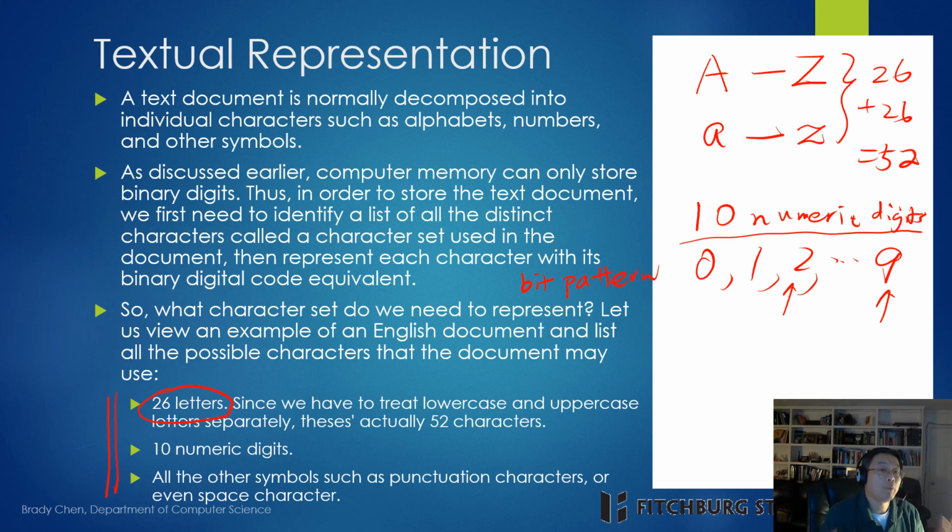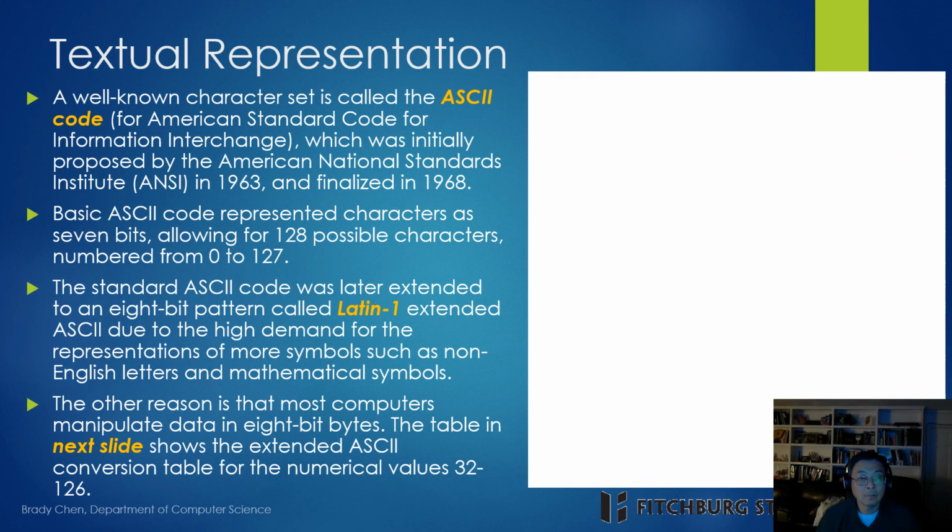Now, how can we represent this? A well-known character set is called ASCII Code. ASCII stands for American Standard Code for Information Interchange. ASCII Code was initially proposed by the American National Standards Institute, ANSI, in 1963 and finalized in 1968.